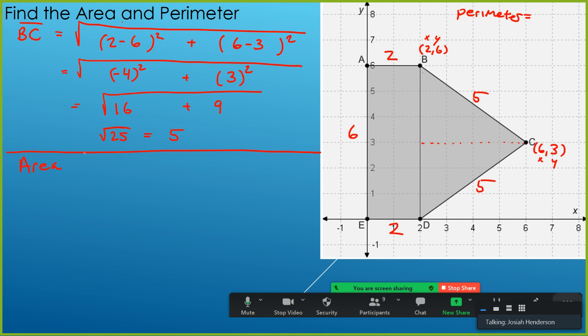Perimeter is adding up all the sides. The outsides, right? We don't need to find this inside BD for the perimeter. We only need the outside lengths or distances.